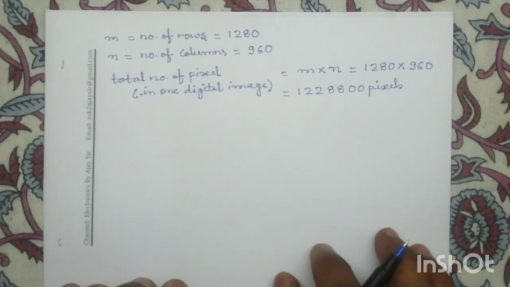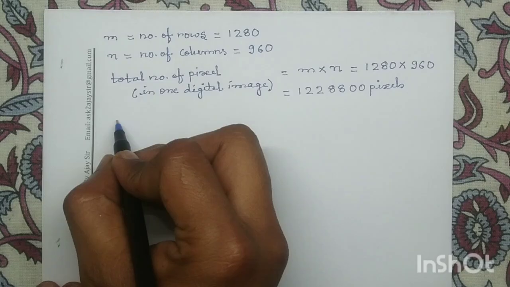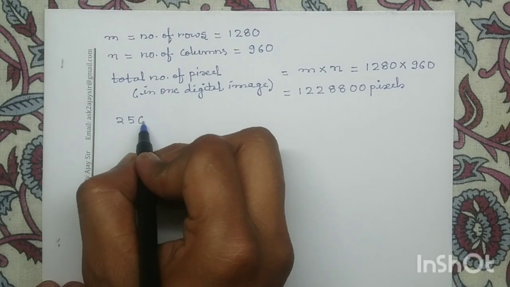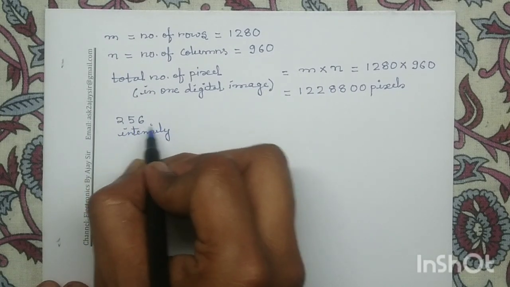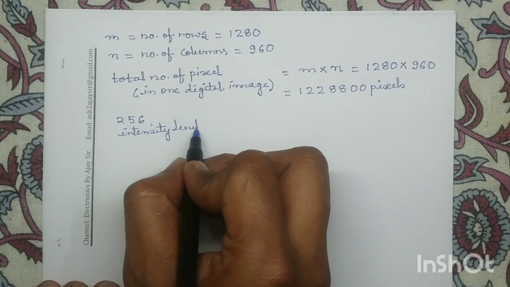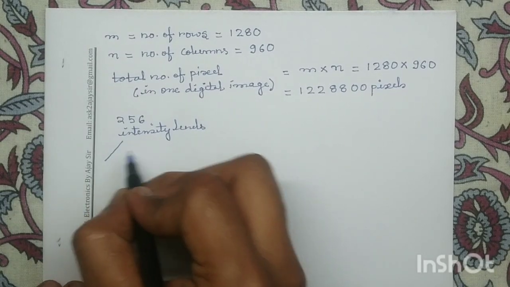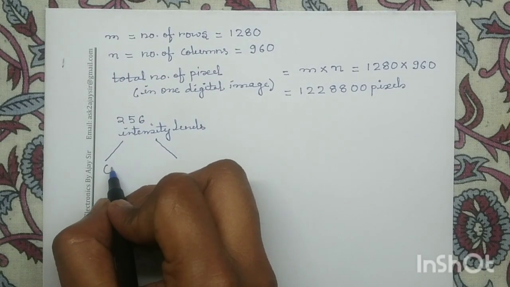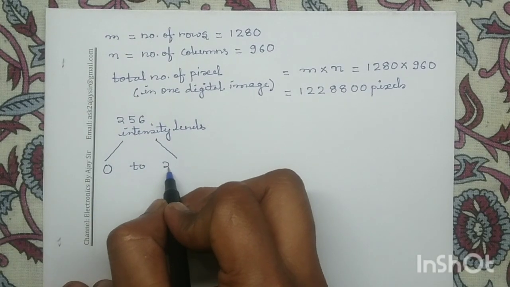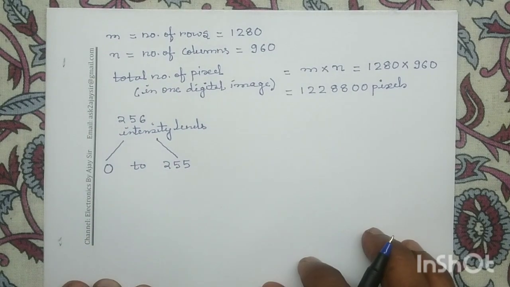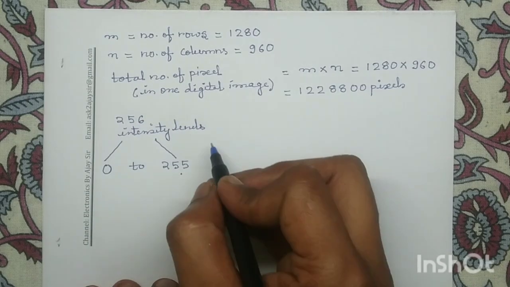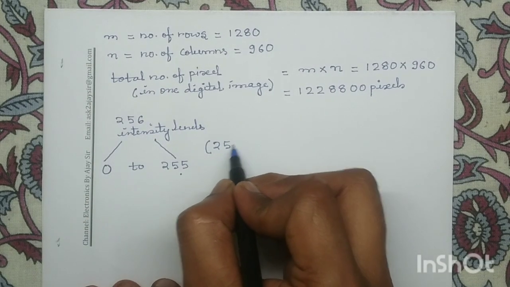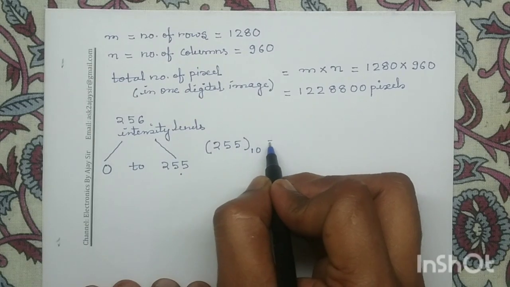Next, we need to determine the bit depth, and in the question it is given to us that the digital image consists of 256 intensity levels. These 256 intensity levels in a digital image start with the minimum gray level 0 to the maximum gray level 255. In order to determine the bit depth, we will represent this decimal number 255 in its binary format.